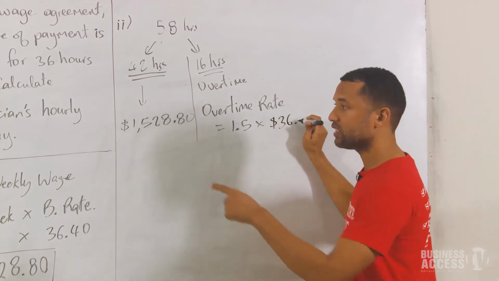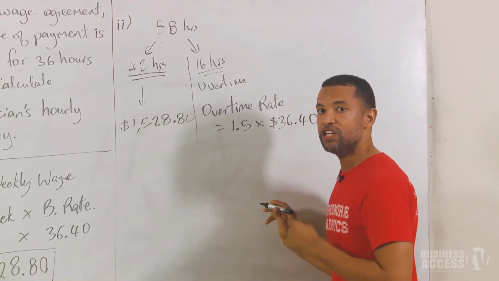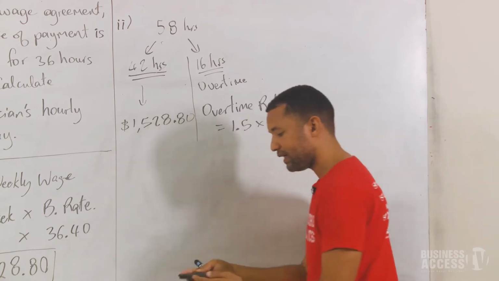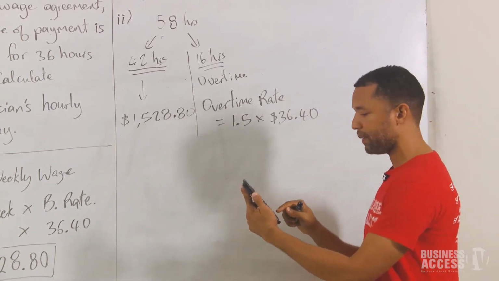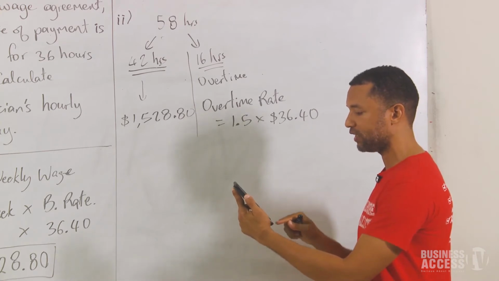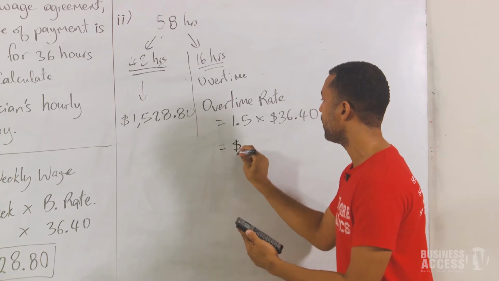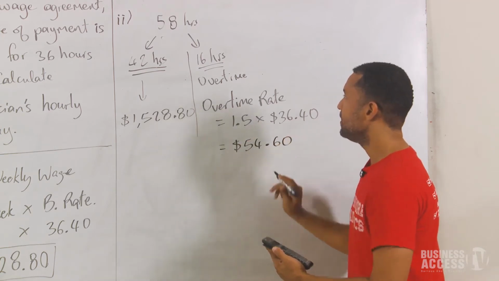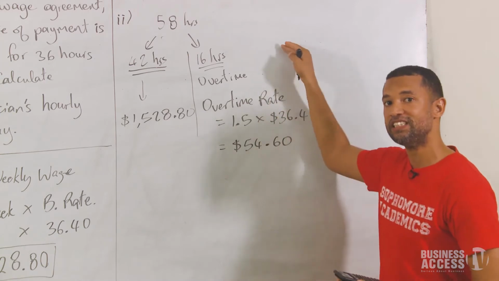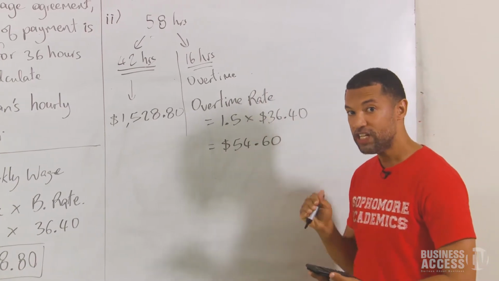It was $36.40, given in the question. So we would grab our calculators and say, what is 1.5 multiplied by $36.40? And I got $54.60. So guys, for each of these 16 hours, he was paid $54.60.